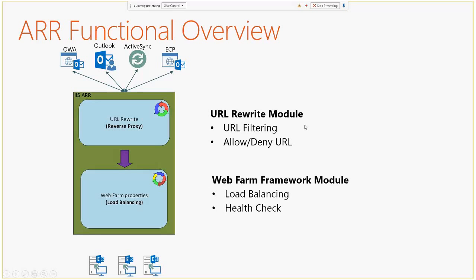The web farm is only a collection of Exchange servers that will serve up the requested page, like OWA or ECP or RPC proxy or whatever you want to get to. The web farm itself is going to do the load balancing. So depending on how we configure the web farm, it's going to direct the traffic to the appropriate Exchange server in the backend.